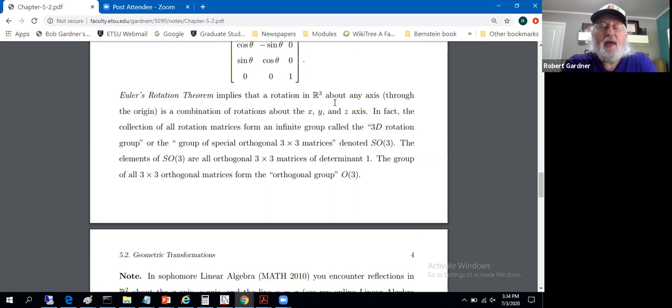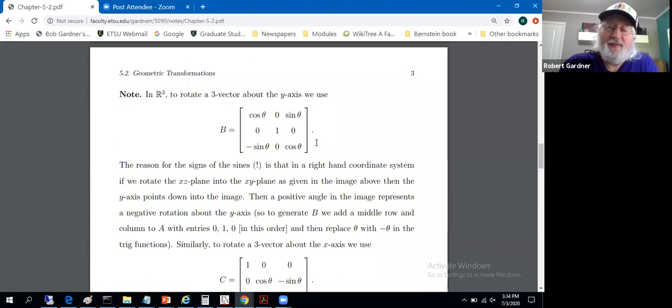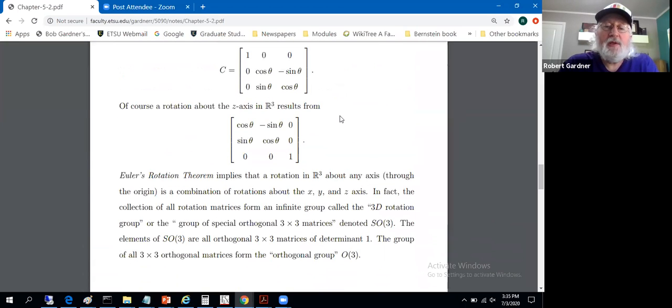So we could let theta range from 0 to 2 pi. That gives you an infinite number of matrices of this type, and of the third type. So anyhow, this is a huge collection of matrices, as it should be, representing rotations.